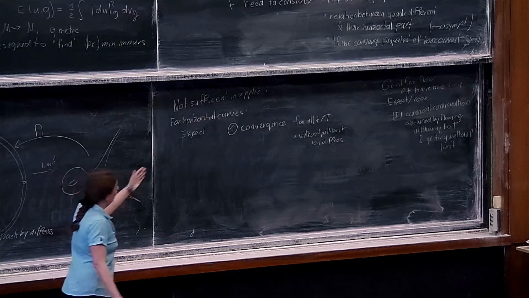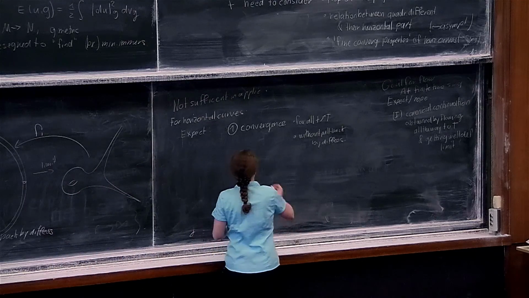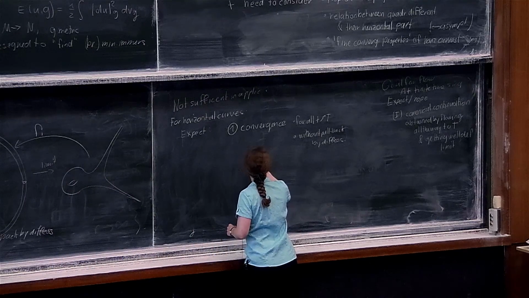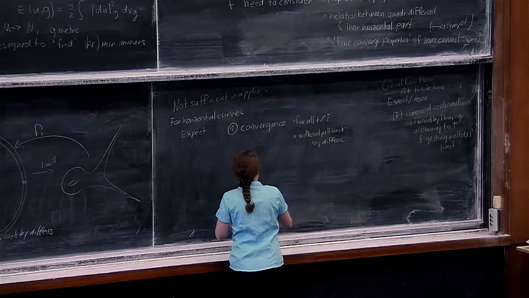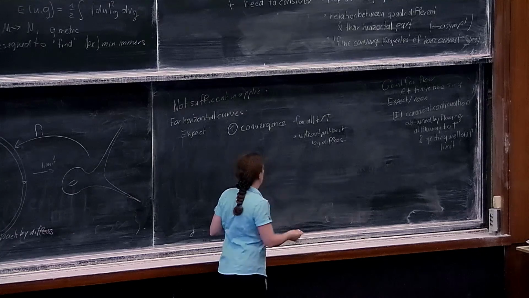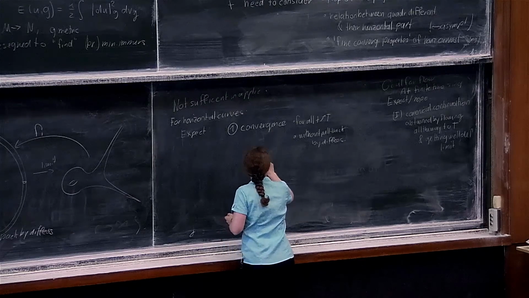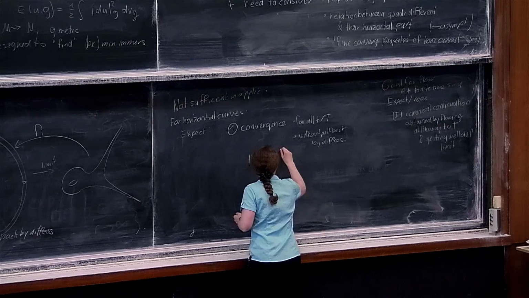Now, getting this convergence, so what kind of convergence would you expect? Certainly you would expect, in some sense, C infinity log convergence. And because you don't pull back by diffeomorphisms, the type of things we're talking about here is getting convergence of tensors.